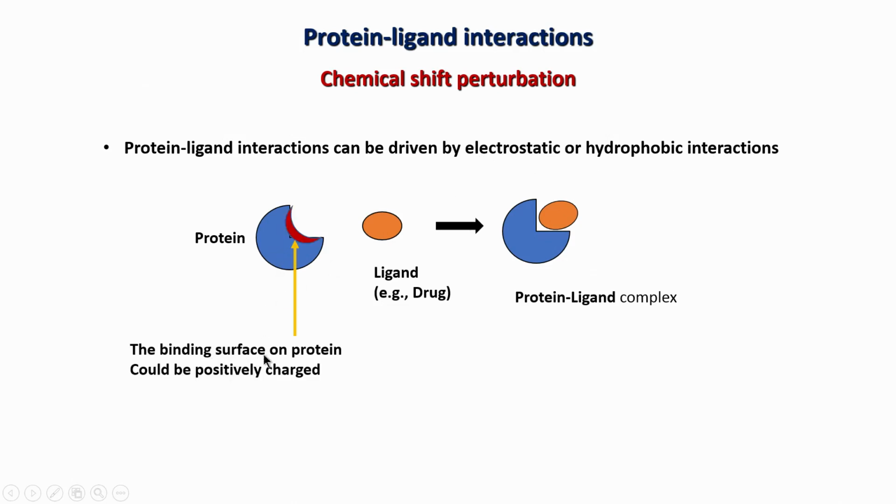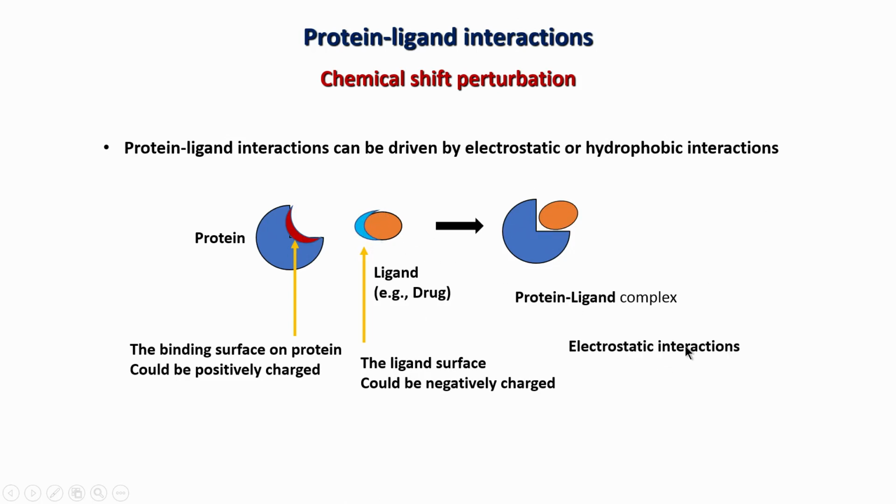Suppose the binding interface on the protein could be positively charged, residues or surface could be positively charged, and this side of the ligand could be negatively charged. When these two interact with each other, the positive surface of the protein interacts with the negatively charged surface of the ligand, and that means it is an electrostatic interaction.